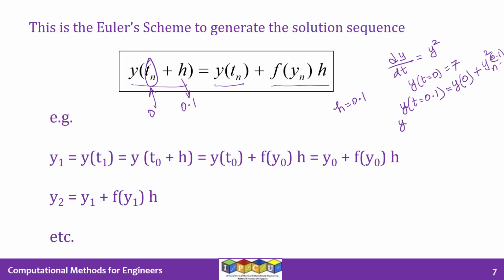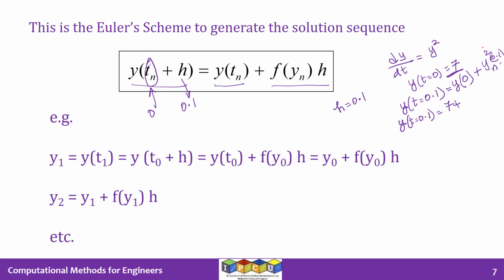So we say y at t is equal to 0.1 is equal to y at 0. y at 0 is given to be 7, plus yn squared. Yn squared means the value of y at t is equal to 0, because here n is equal to 0 to start with.